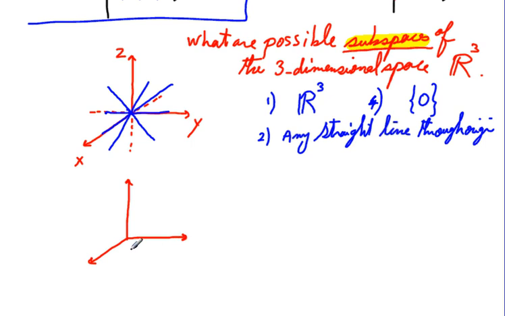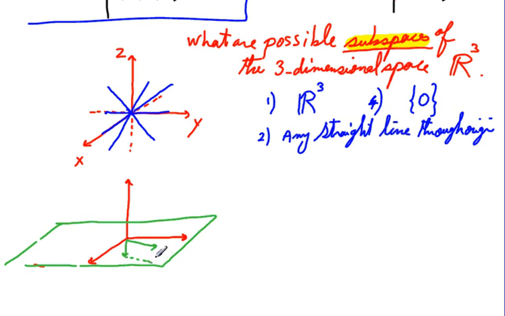Yeah, excellent. Let's start with an easy plane. Like this XY plane here. If I have one vector here and another vector here, two vectors on the XY plane, and I add them, what happens?